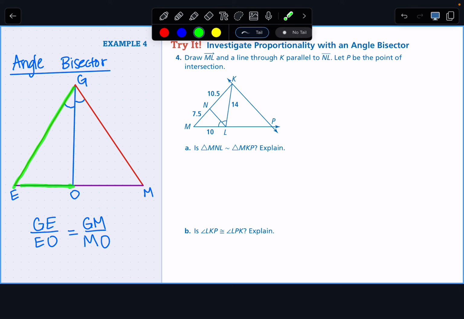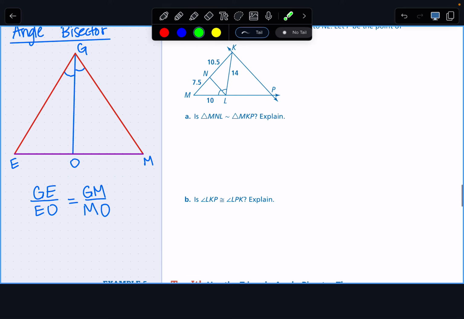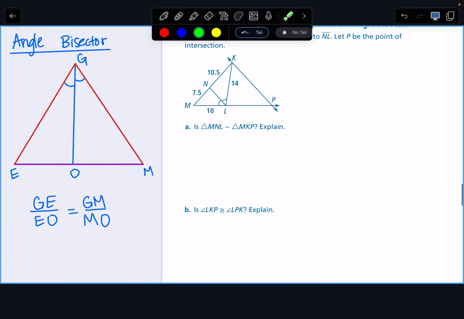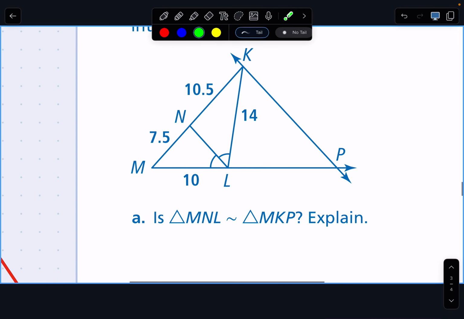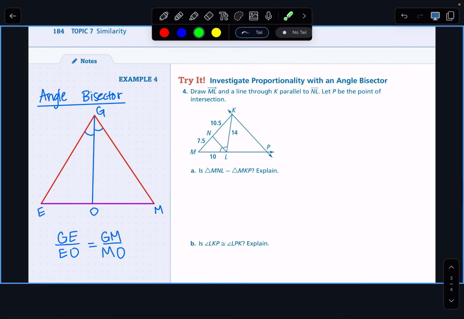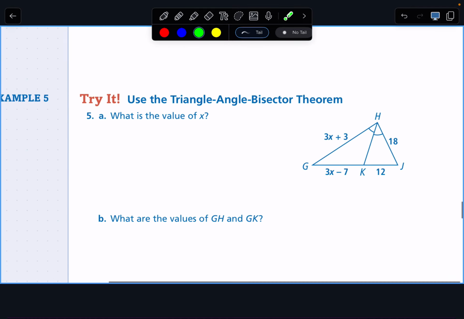GE over EO is the same as GM divided by MO. It's the same thing because we have similar triangles. We can do this little discovery activity, or you can just believe me that because we have similar triangles, we have a proportional relationship. So when we have an angle bisector inside of our triangle, it splits into two proportional pieces.